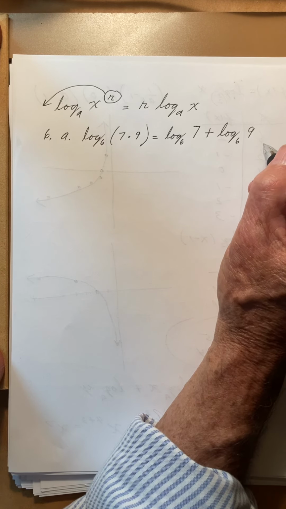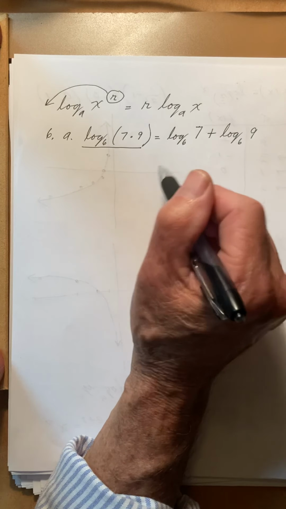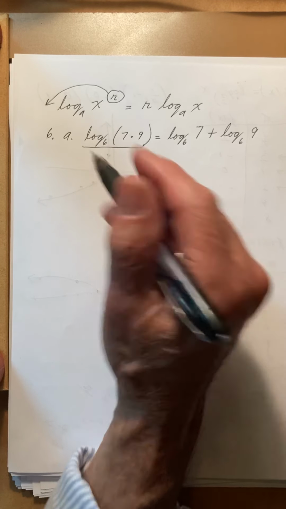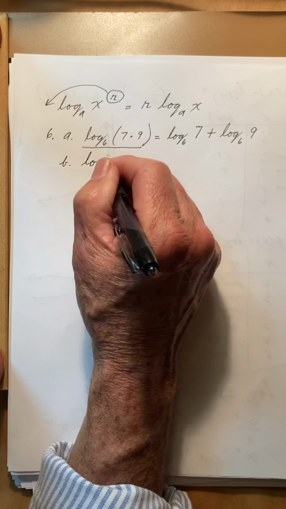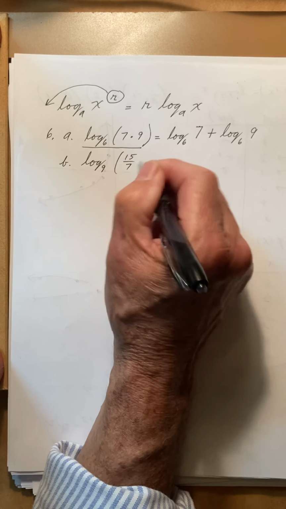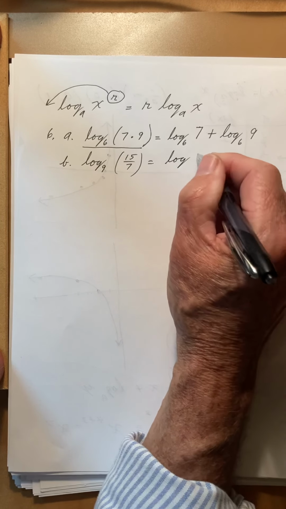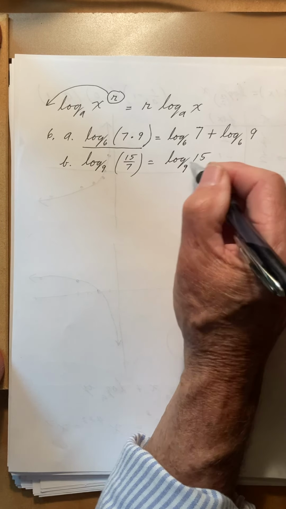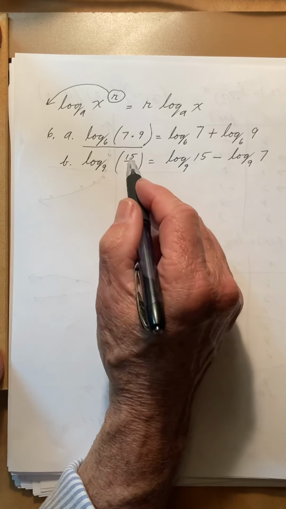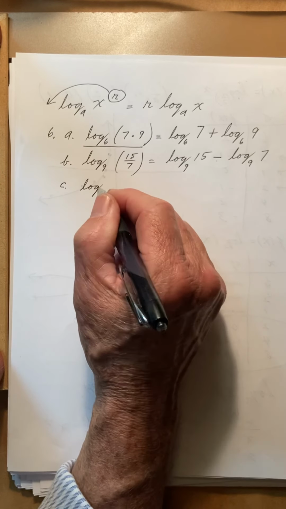So all we're doing is rewriting this product as a sum of two separate logs, and that's called expanded form of a logarithm. Part B, we have log base 9 of 15 over 7. That's a quotient, so we're going to have log base 9 of 15 minus log base 9 of 7. So division is subtract. All we're doing is rewriting the expressions.